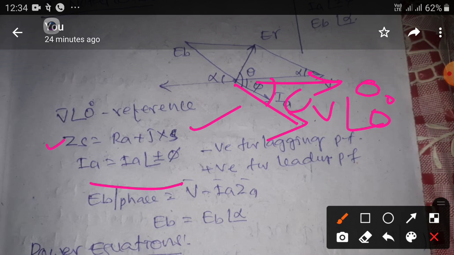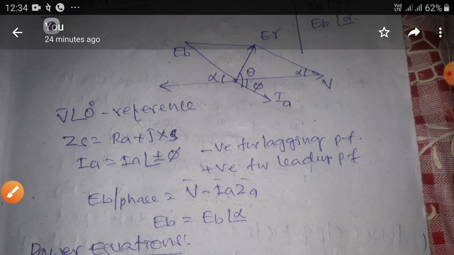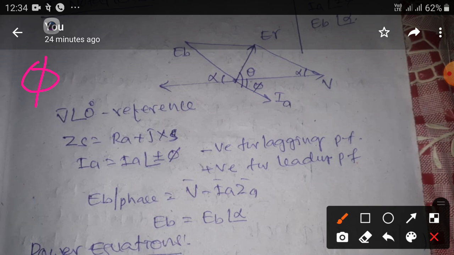Here phi may be positive or negative. The negative phi indicates a lagging power factor motor, that means under-excited condition, so IA is IA at an angle of minus phi. If it is over-excitation, it becomes the positive value, IA at an angle plus phi.